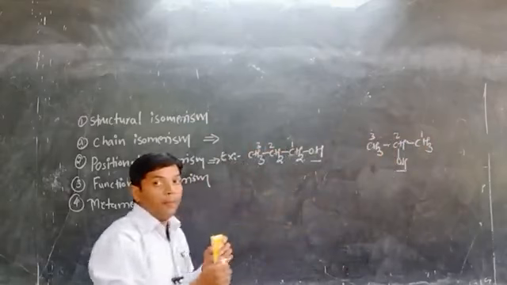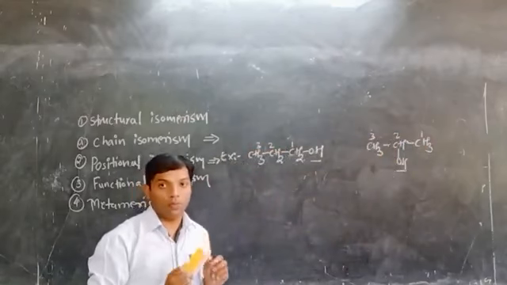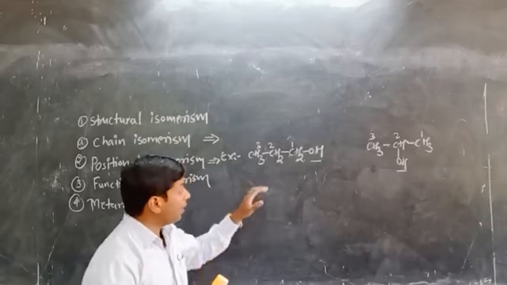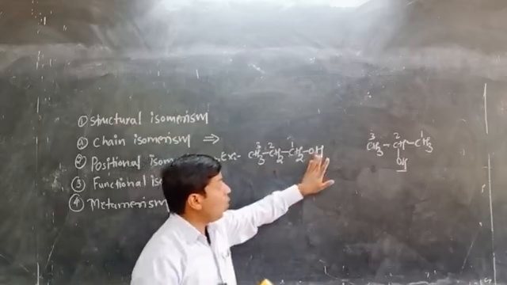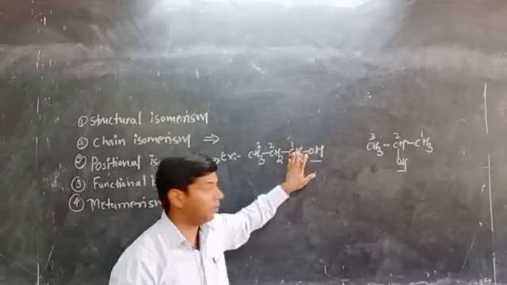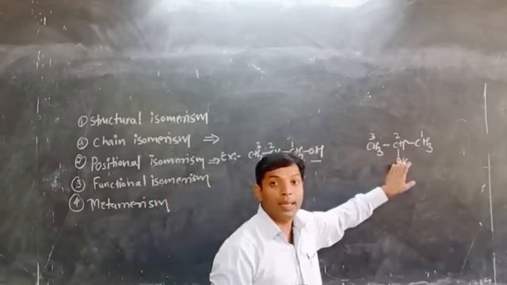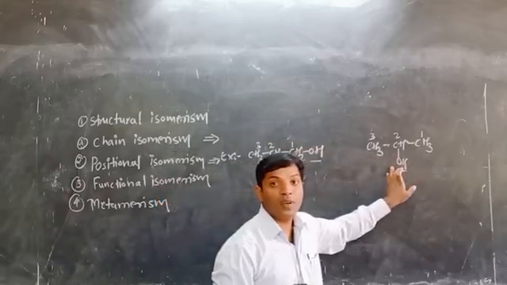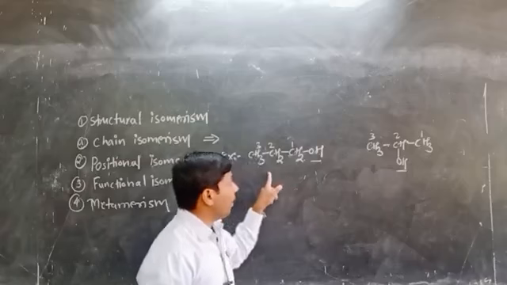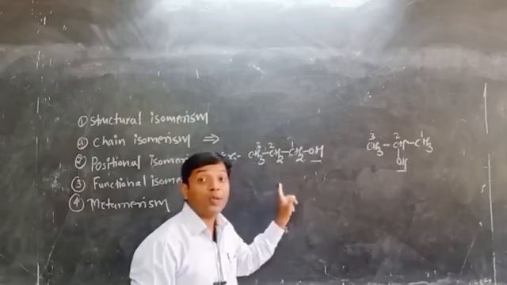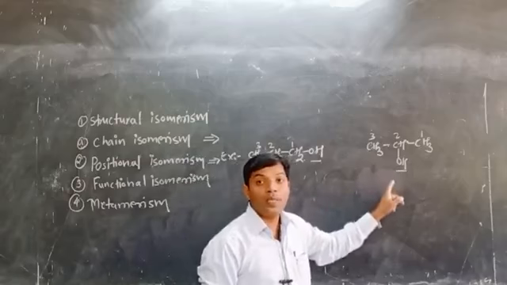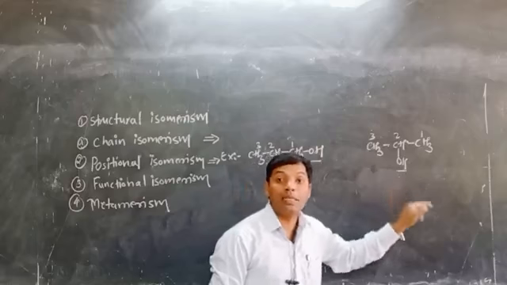So in this example, OH is the functional group. Right? Alcohol is the functional group. But in the first example, the OH group is attached to the first carbon atom on the chain, whereas in the second example, the OH group is attached to the second carbon atom.